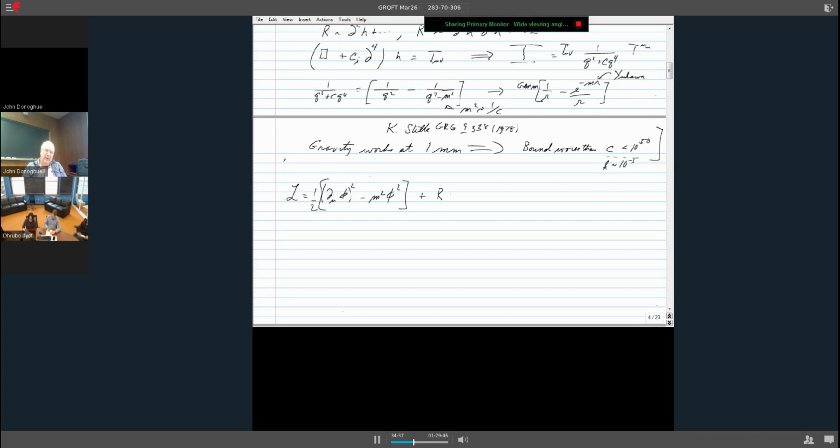Okay. Also in the Lagrangian, there could be other terms, which is also matter term, mu phi squared, the matter Lagrangian. You could also have higher order terms here, which might be, for example, R phi squared.